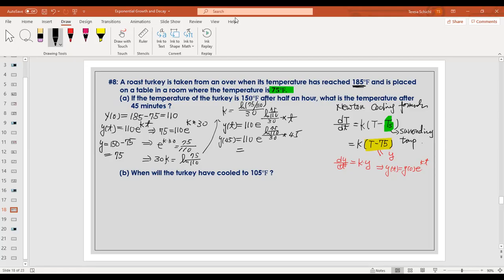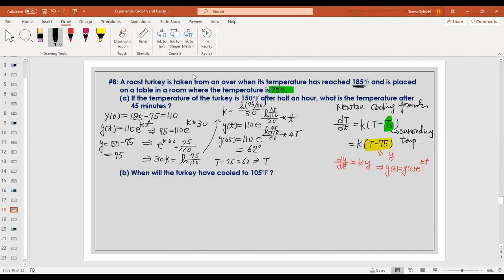Okay, so you put it into the calculator and you get 62, right? So don't forget this is the y value, right? So the real temperature is T minus these 75. So I know T minus 75 is equal to 62.